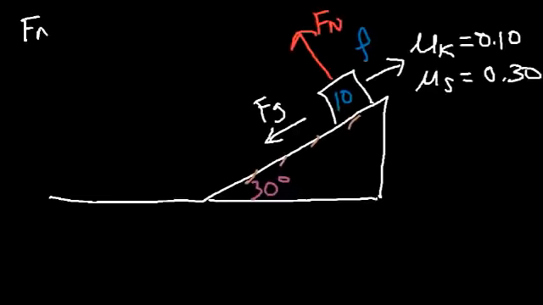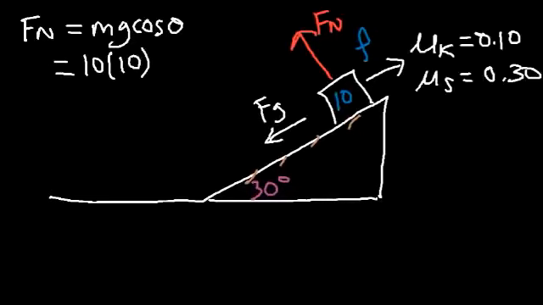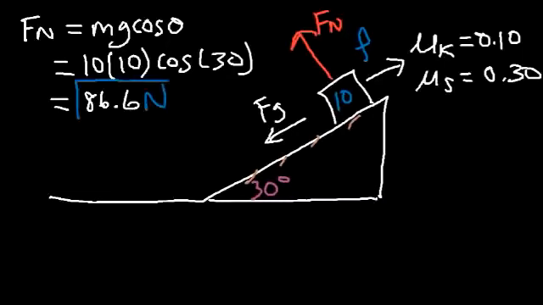The normal force is equal to mg cosine theta. So the mass is 10, g is 10, and we have cosine 30. So it's 100 cosine 30, and so you should get about 86.6 newtons for the normal force.